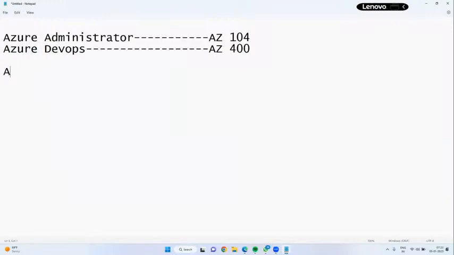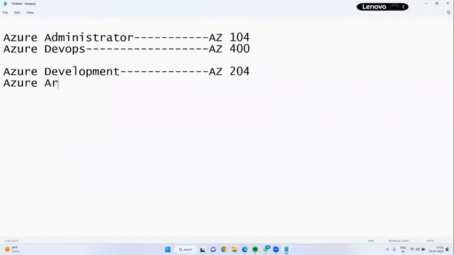In the same way, for Azure development we have AZ-204. Next, Azure Architect is AZ-305. These are the important four certification papers.